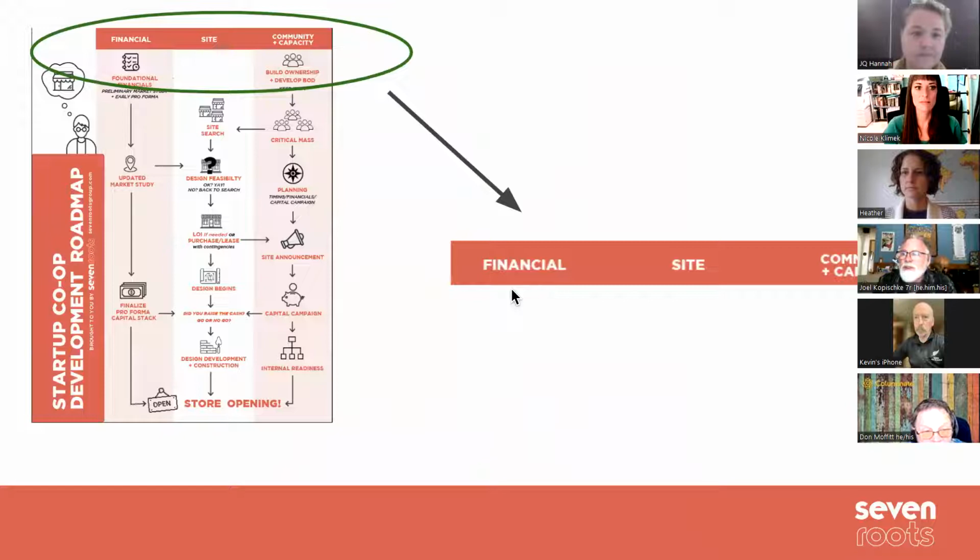Community and capacity is organizational development: building membership, building leadership, your board of directors. The financial track is your pro forma, your capital stack, your capital campaign, market study. The site is what we're going to concentrate on.